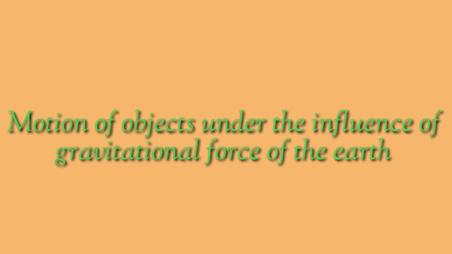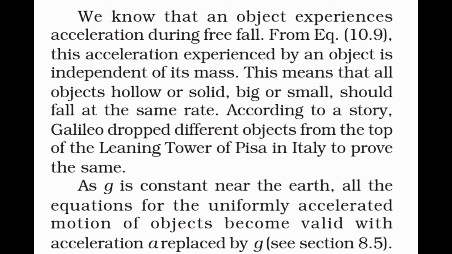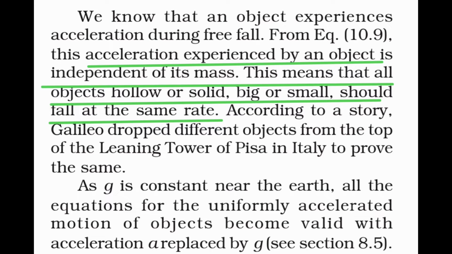Motion of objects under the influence of gravitational force of the Earth. We know that an object experiences acceleration during free fall. This acceleration experienced by an object is independent of its mass. This means that all objects, hollow or solid, big or small, should fall at the same rate.